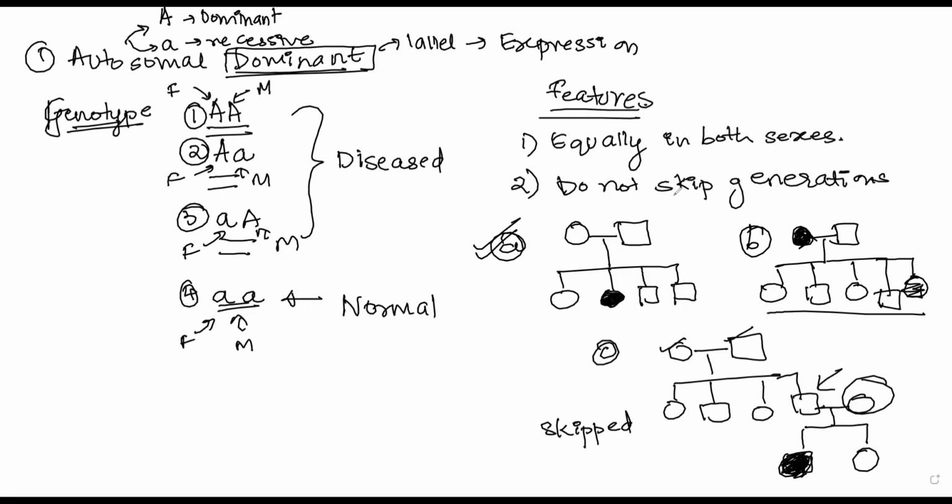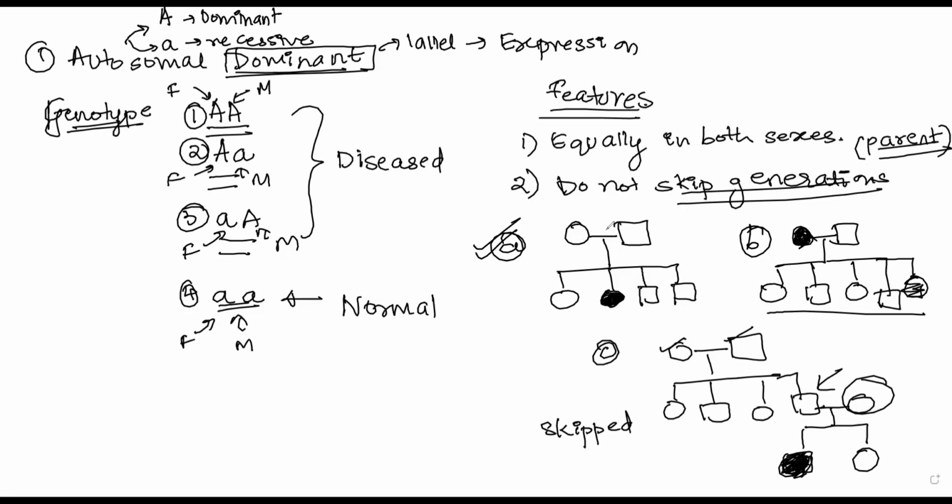So whenever you're using this formula of skipping of generation, keep in mind to look at the parent. The best way to determine whether generation is skipped is by looking at the parent.